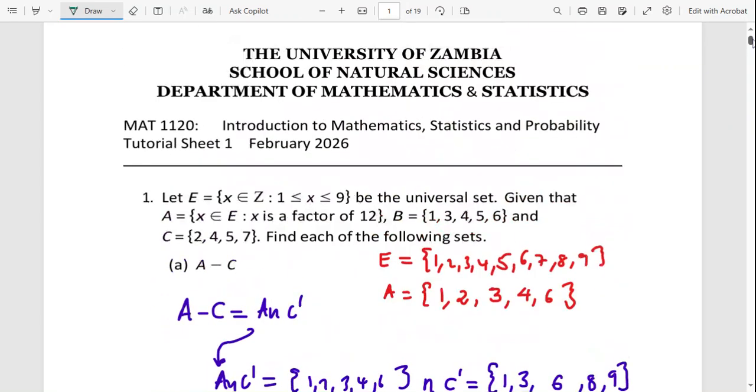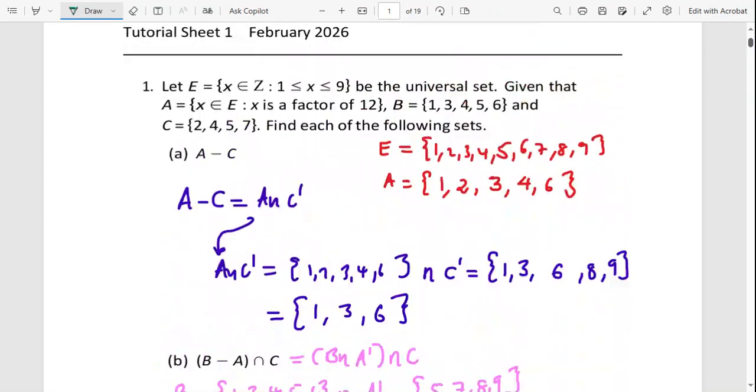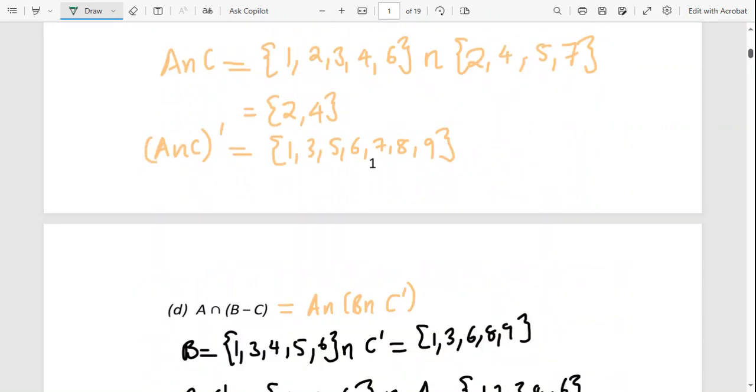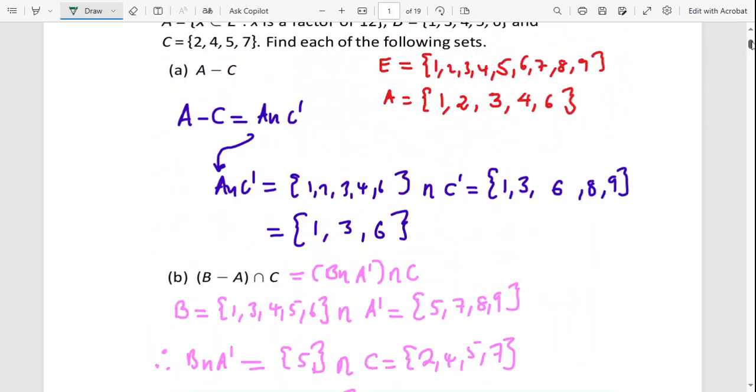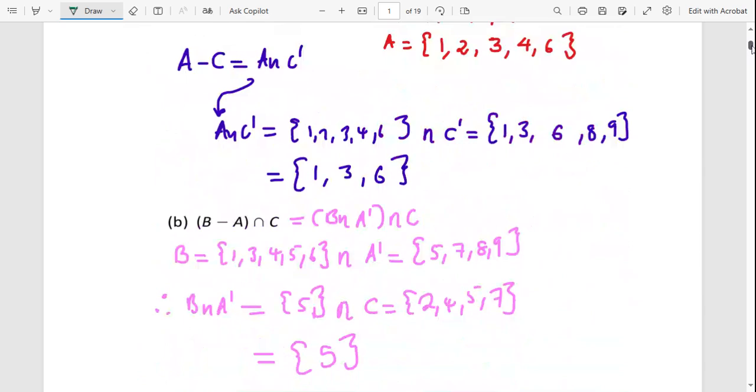The set B is 1, 3, 4, 5, 6. Isn't it? I hope I'm not leaving out anything. 1, 3, 4, 5, 6. Yes.